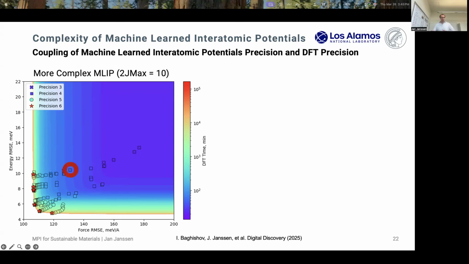And we can pick one point, and we can see here, if we want to decrease the error that we make in the forces, we can do so by just adding more and more configurations of the same level of precision. In contrast, if we want to decrease the energy error, we really also have to improve the level of precision to go to a higher level of DFT calculations. That's really the cost-intensive step.